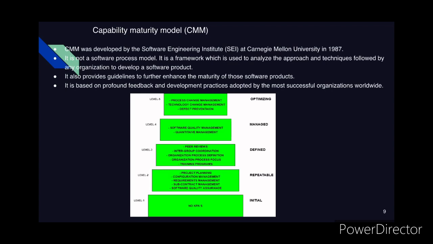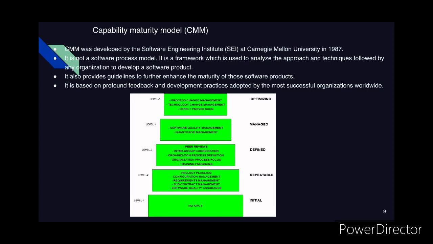Now let's go to the initial level, that is level 1. In this level 1, as I stated before, no KPAs are defined or used. Only the processes followed are ad hoc and immature and are not well defined. That means only a few processes are used in this level.